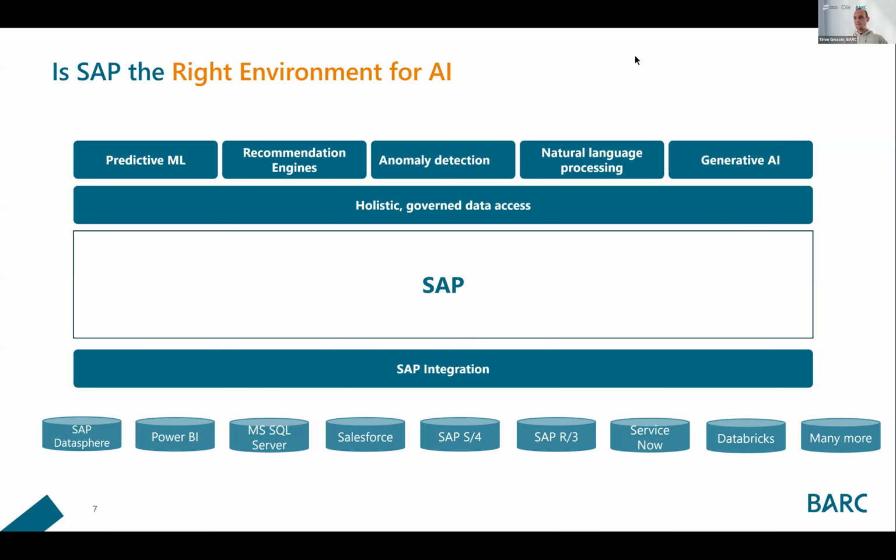It's also to have holistic free access to all the data we need from different services, for different kinds of humans that need the data to produce AI applications. And finally, we need applications on top of the stack to make all the SAP things work. And is SAP now the right environment for AI? I do not think so.